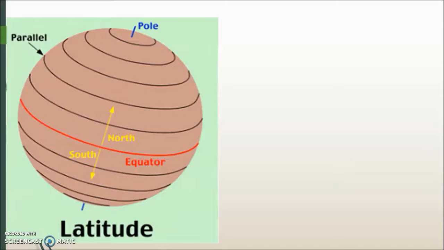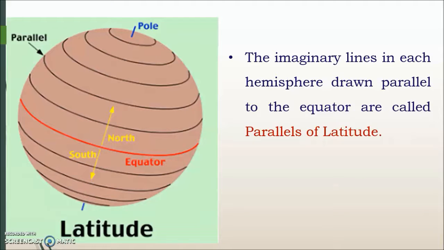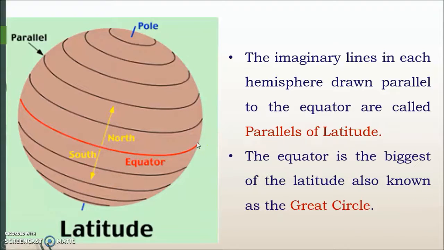The imaginary lines in each hemisphere drawn parallel to the equator are called the parallels of latitude. The equator is the biggest of the latitudes, also known as the Great Circle.